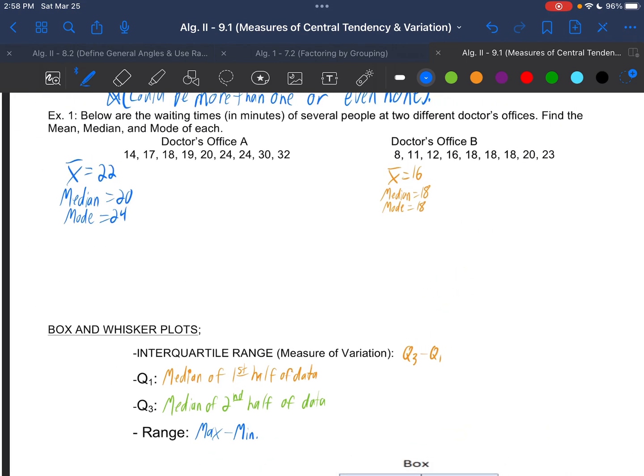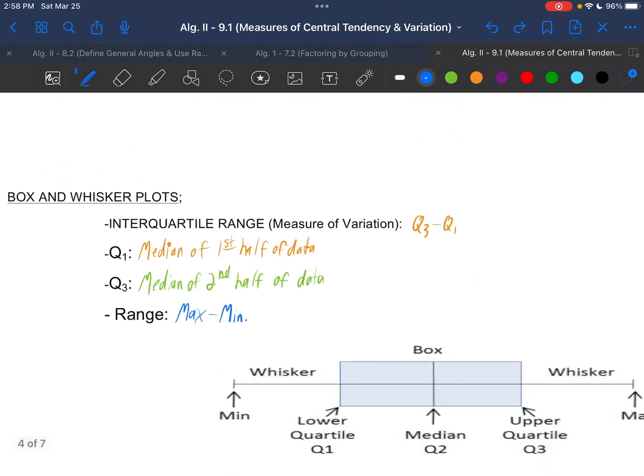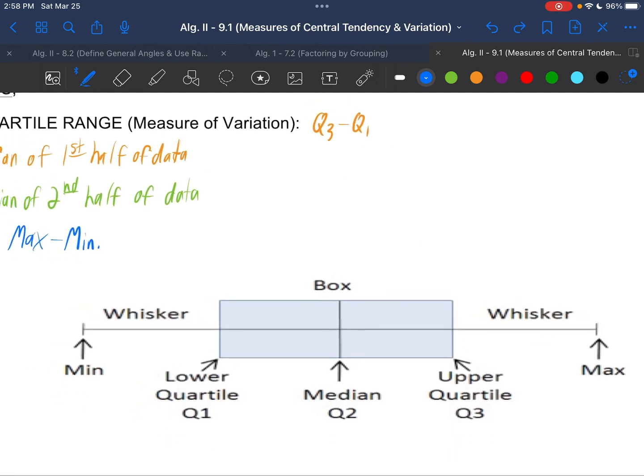So for example, up here, since 20 was the median, our quartile 1 would be 18, our quartile 3 would be 24, and our range would have been our max minus our min, 18 minutes, meaning times can vary as much as 18 minutes. And here we see our box and whisker plot using all these points of data. So quartile 1 and quartile 3 are the edges of the box.